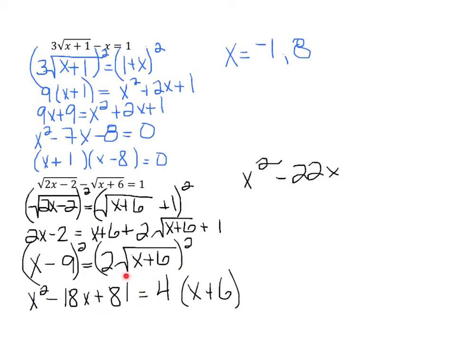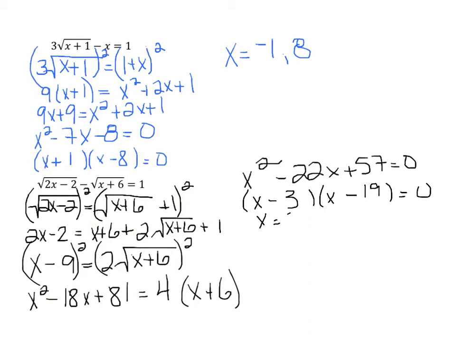Now I've got 81 minus 24, and 81 minus 24 is 57. And that's set equal to 0. From here I factor, and I get x minus 3, x minus 19, which means that x is equal to either 3 or 19.